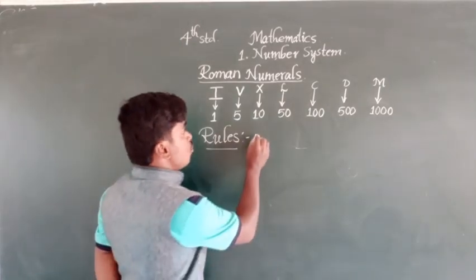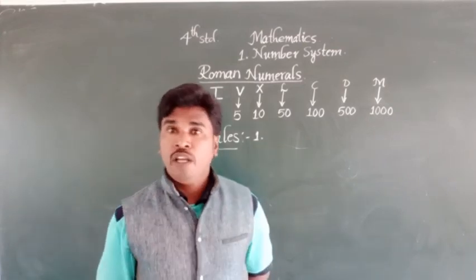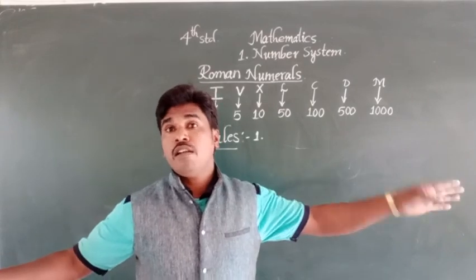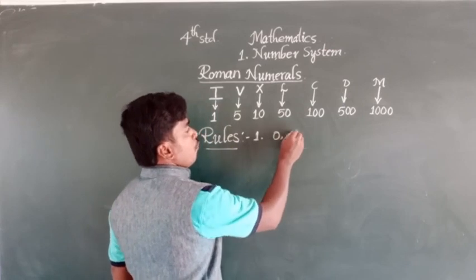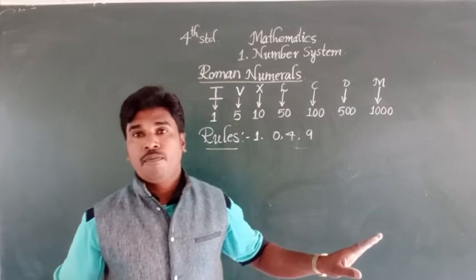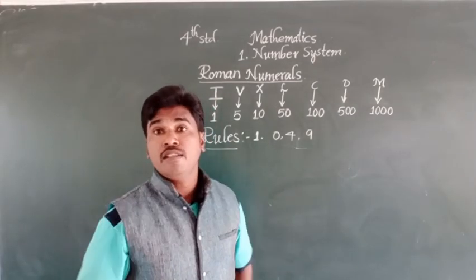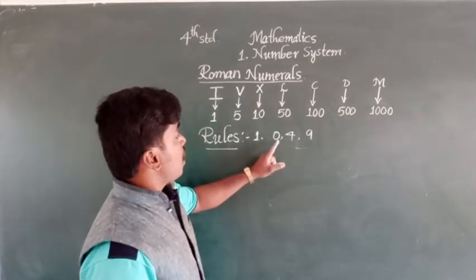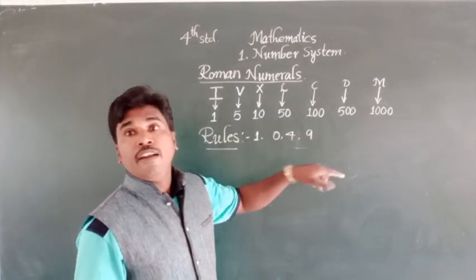Okay? The first one: there is no symbol for 0 in the Roman numeral. And also for 4 and 9, there is no specific symbol, no specific letters in the Roman numerals. Dear children, did you understand the first rule? There is no symbol for 0, 4 and 9.